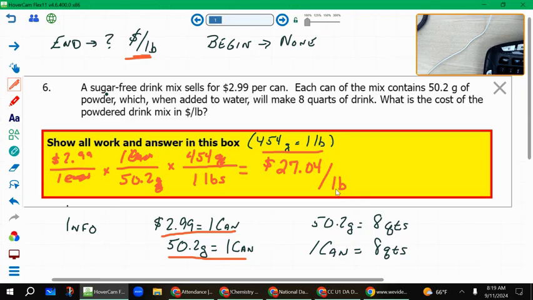Now, here's the other thing, ladies and gentlemen. When you're doing these questions, we talked about sig figs, correct? What is our ultimate answer in what unit? What's our final answer in? Come on, it's up there for me. Dollars per pound.